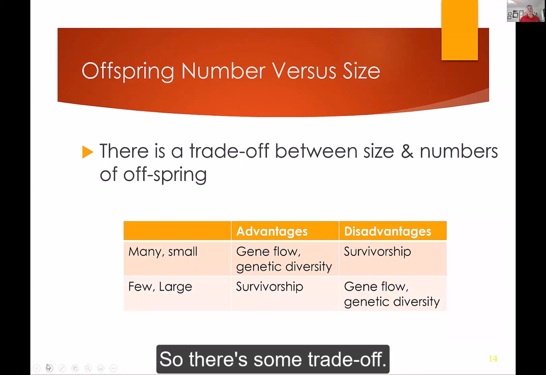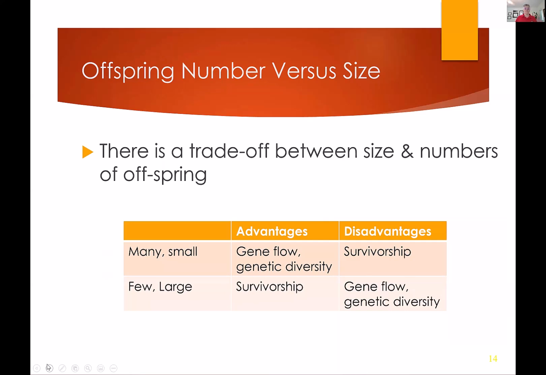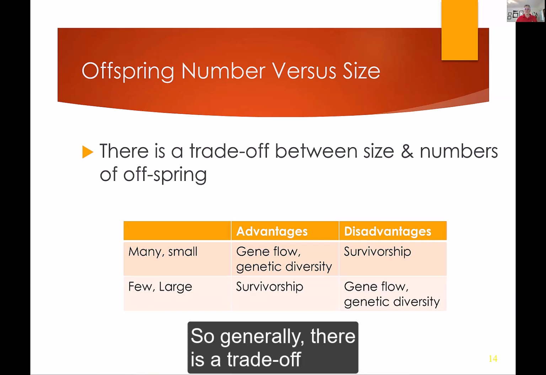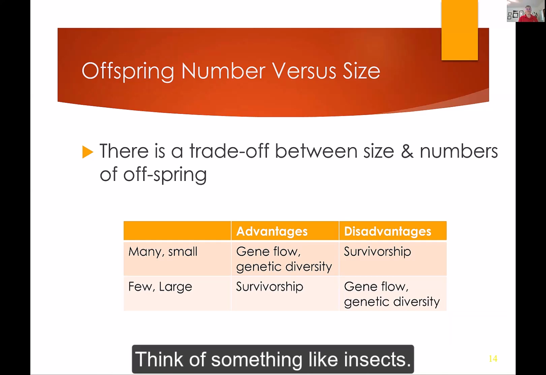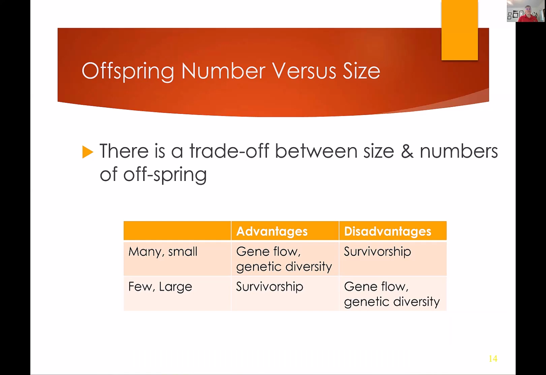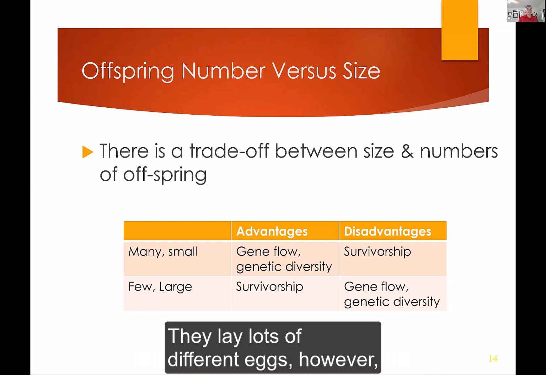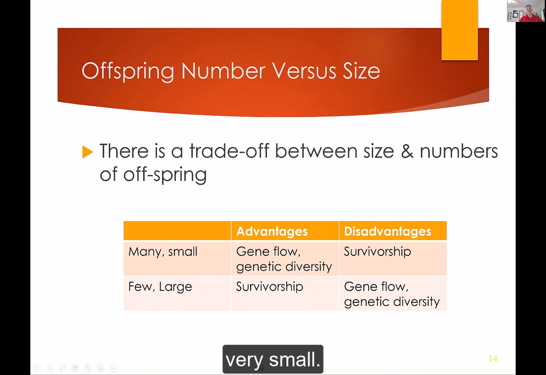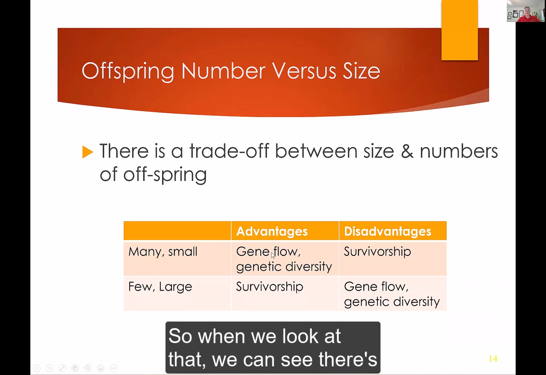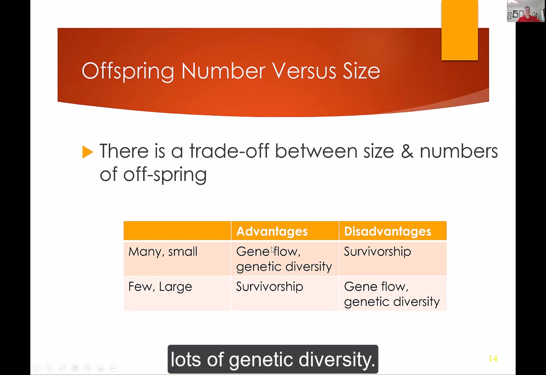So there's some trade-off, right? Generally there is a trade-off between size of the offspring and the numbers of offspring. Think of something like insects. They lay lots of different eggs. However, those eggs are very, very small because the insect's very small. So when we look at that, we can see there's lots of genetic diversity.